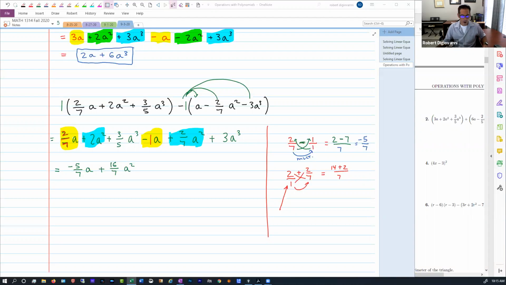Okay, Min. All right, so Min, can you see this? What are we going to be putting together now? We put together the A's, we put together the A squareds. So what still needs to be done?